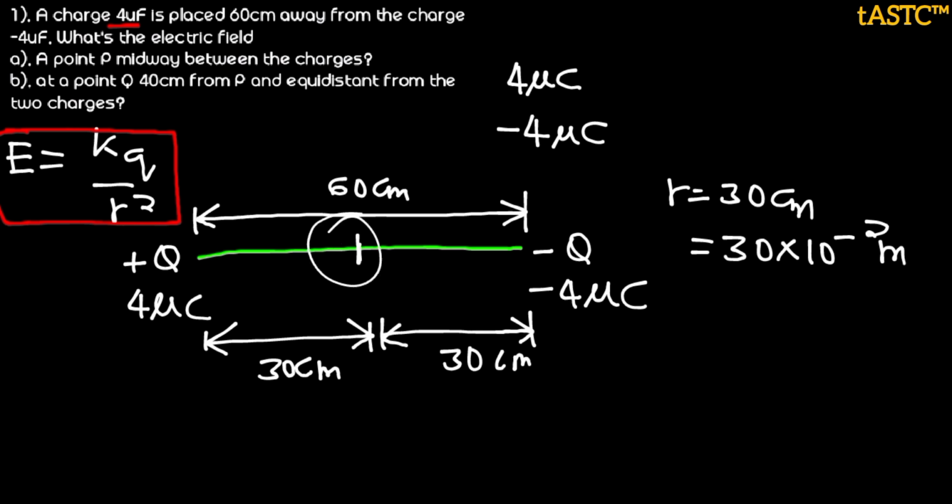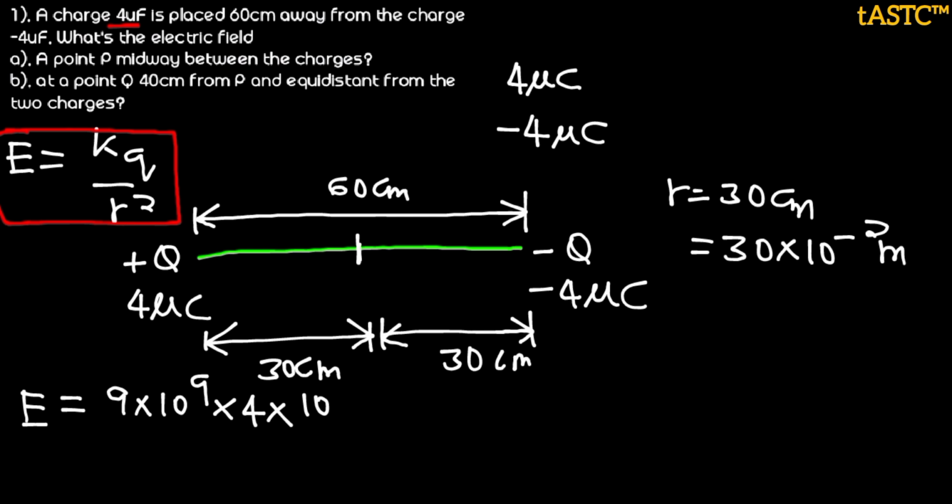So the field as a result of this, E, will be equal to K. Now we know that K is 9 multiplied by 10 to the power of 9. This is multiplied by Q. The first one is going to be 4, multiplied by 10 to the negative 6. Then we divide by R squared, so this is going to be 30 multiplied by 10 to the negative 2, and this is all squared.